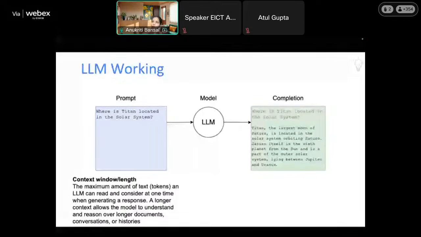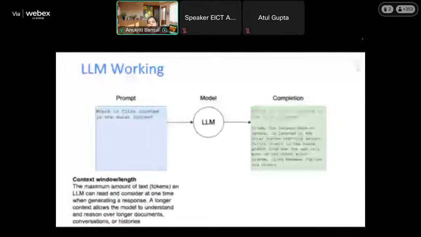Whenever you go to a website, maybe Hugging Face, or some other website where these model API information or their weights are available, they also mention the context length for each model.